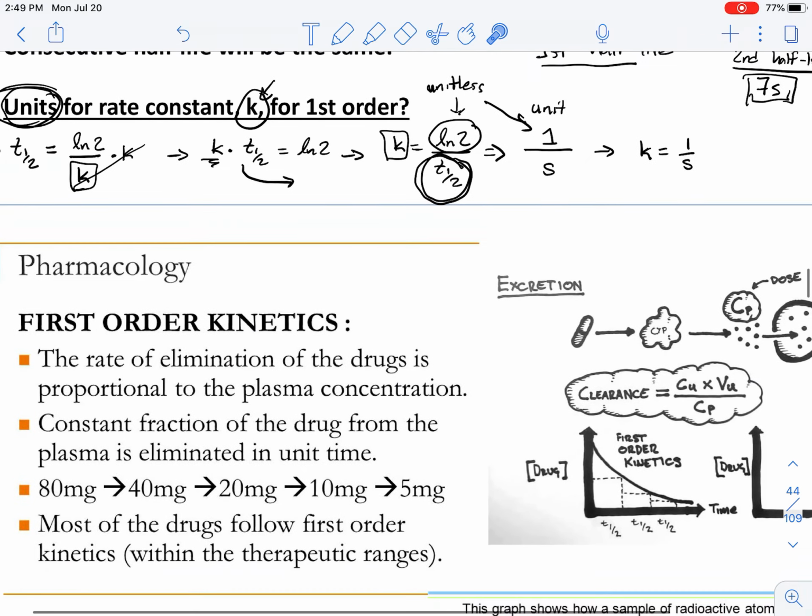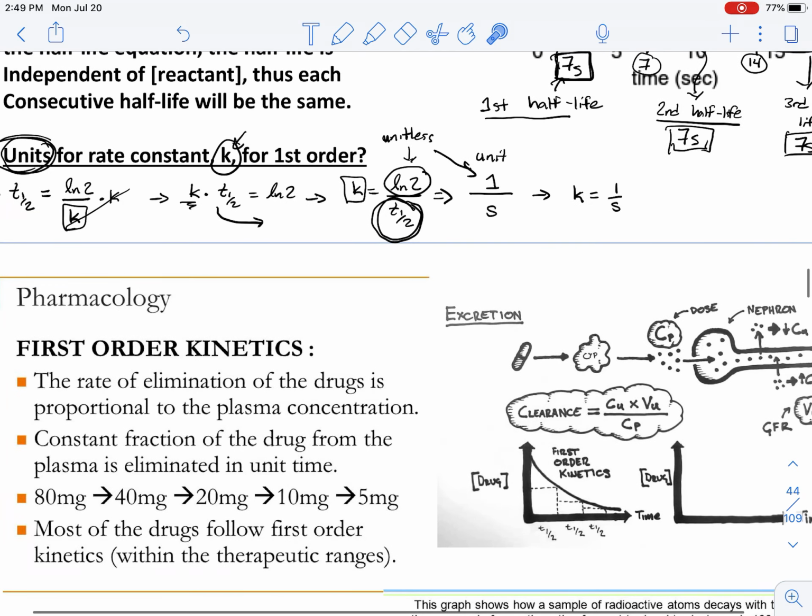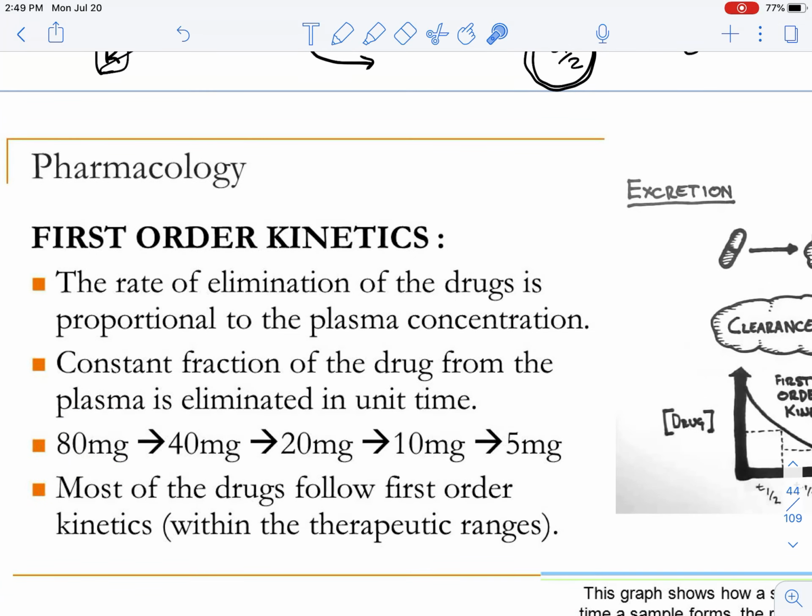First order kinetics can be observed in, for example, pharmacology. If you want to talk about the rate of elimination of drugs, it's typically proportional to plasma concentration, such that if you have 80 milligrams of a drug and you calculate its half-life, t1/2, and all consecutive half-lives, the amount of time it takes for the concentration to reach half of its original value is going to be the same.